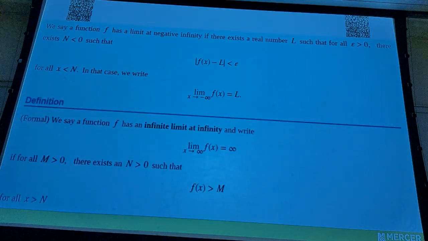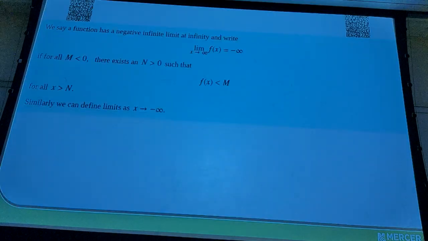And they combine them to have an infinite limit at infinity. I'm not going to spend too much time on the actual definitions themselves as much as I want to just use them.